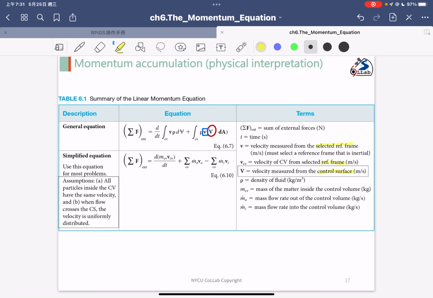So when we move to the topic related to moving control volumes, we will discuss in more detail how different they are, and how we can deal with the problem when the control volume is moving.